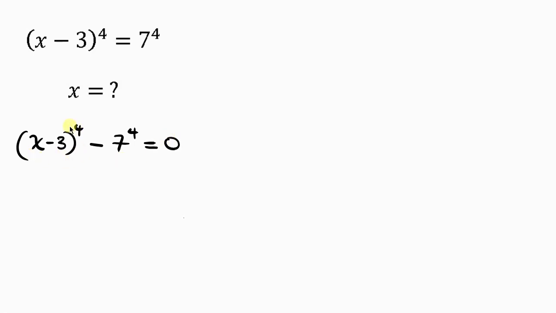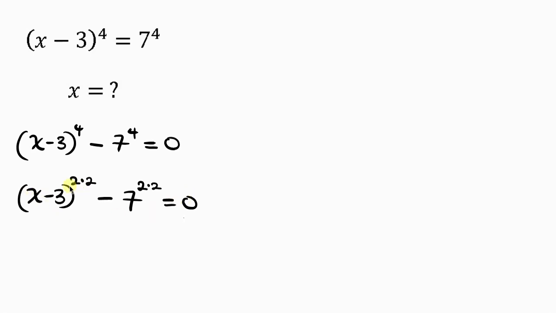Well, this can also be written as (x − 3)^(2×2), because 2 times 2 gives 4, minus 7^(2×2), which gives 4, equal to 0. The reason that I do this is to achieve the difference of two squares.